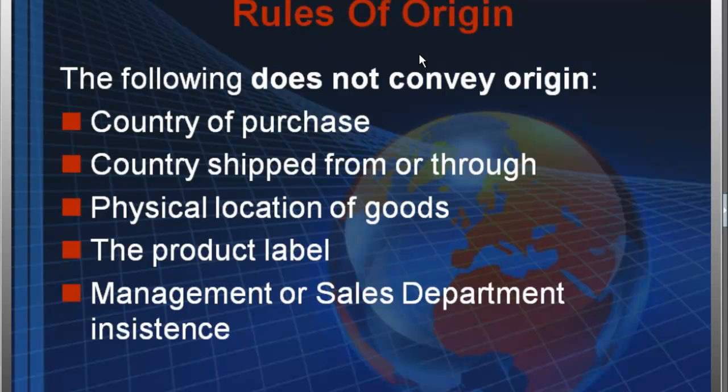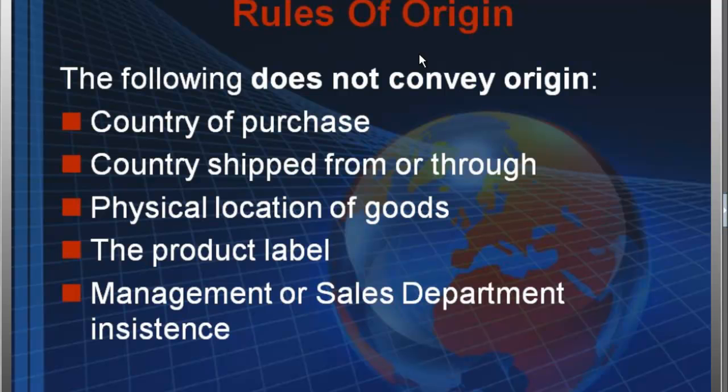Okay, one of the things, again, to keep in mind is that the most important thing in managing your preference claim is that the goods are actually eligible for a preference under the agreement. And there are a number of factors that do not convey origin.